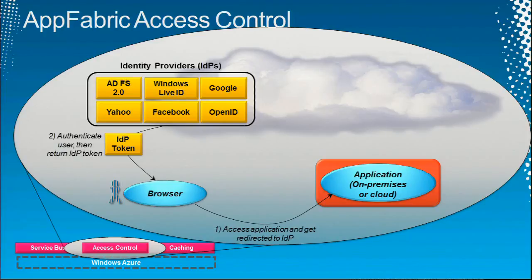And so an app might say, you can log in with Facebook, or with Google, or Windows Live ID, or with various things. It's good for users, but it's painful for developers because all those IDPs have different token formats, they have different contents in different styles. It's a huge pain for the app developer to deal with all those different IDPs.